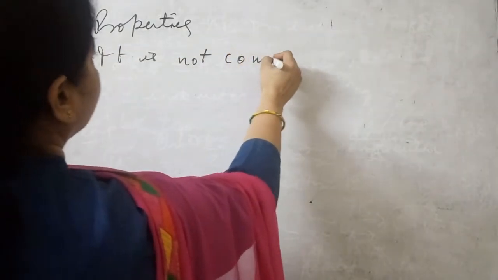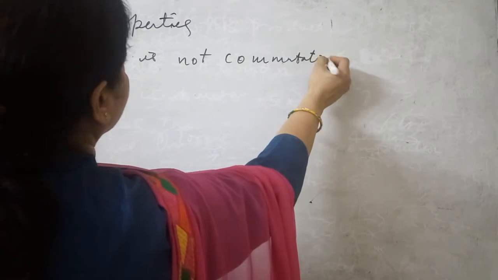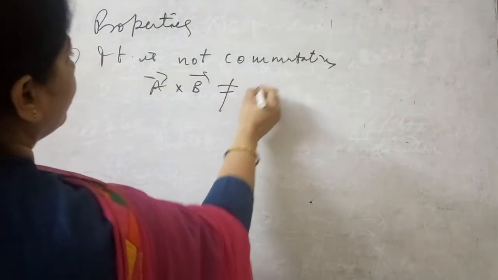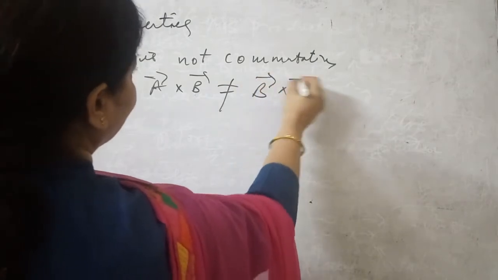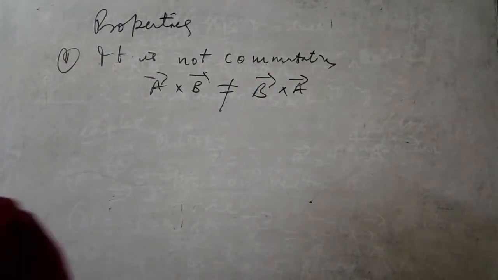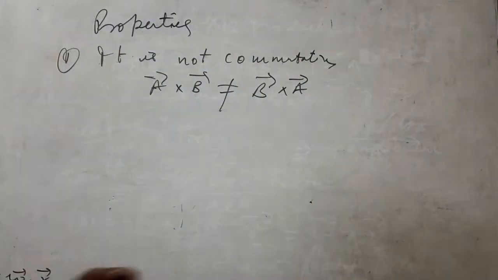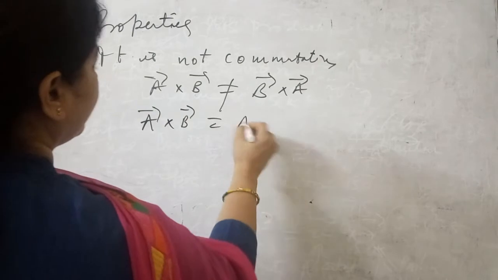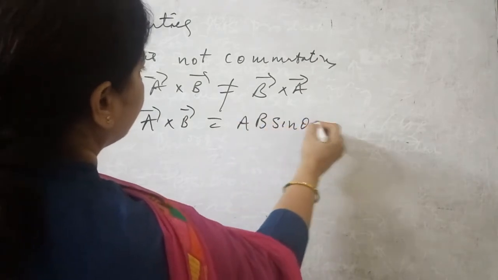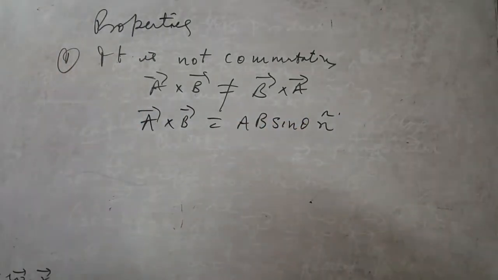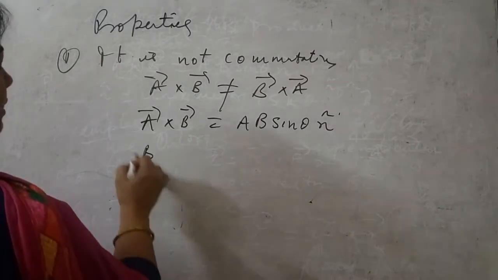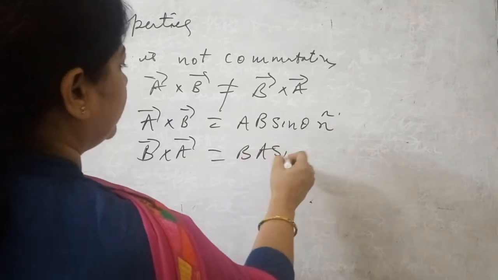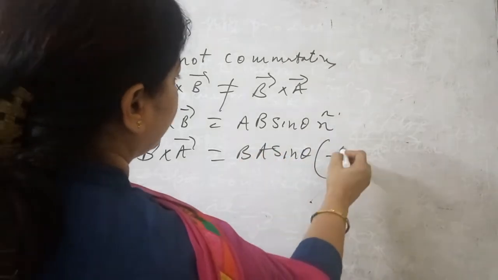It simply means A vector cross B vector is not equal to B vector cross A vector. Now let us see how. If I write A vector cross B vector, we have AB sine theta with a unit vector n caret. But if I write B vector cross A vector, then it is BA sine theta and the unit vector you are getting is negative.